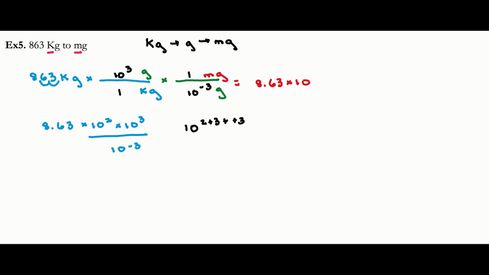Taking 2 plus 3 plus 3 gives me 8. So my final answer is 8.63 times 10 to the 8th, and my units are milligrams.